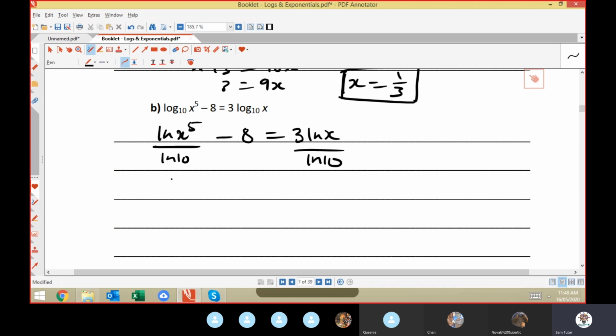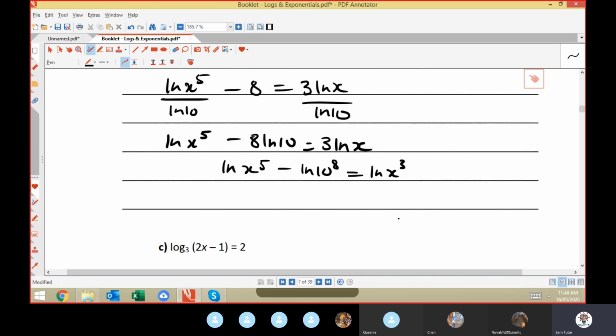Times everything again by log 10. Bring the 8 up, bring the 3 up. Then you probably don't, it doesn't really make a difference. You don't really want to have your numbers on this side and your x's on two different sides. So what I would personally prefer you guys learning is to bring your x's on one side and your numbers on the other side, just like always.